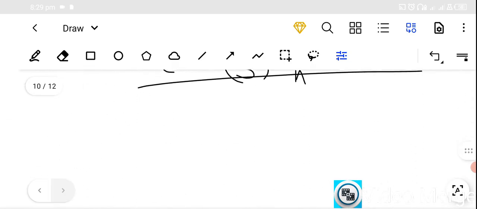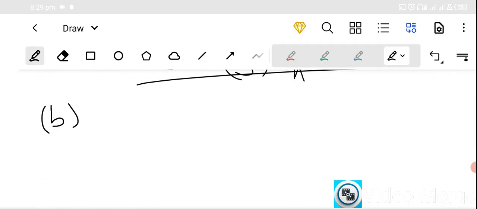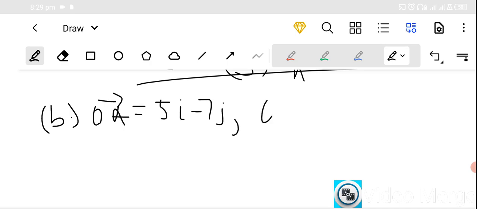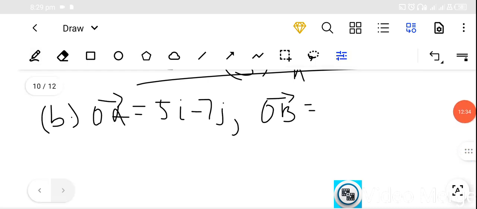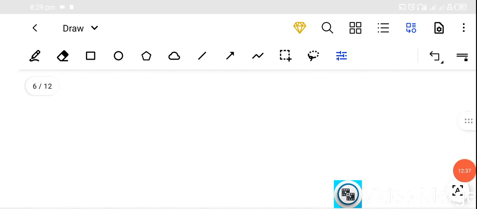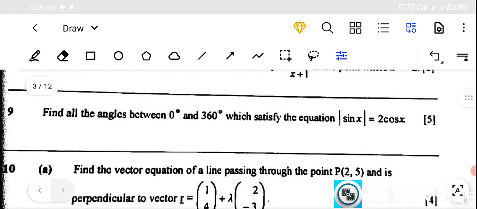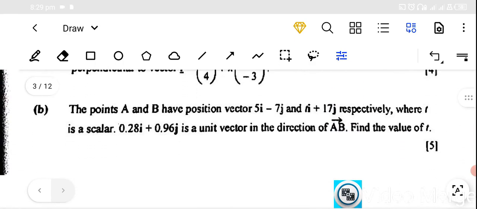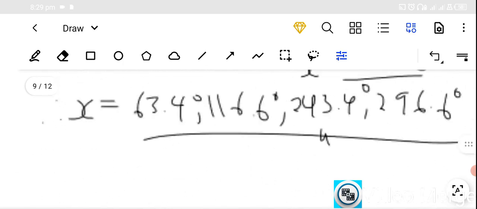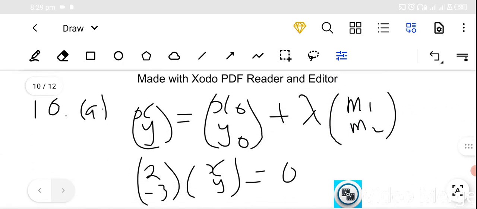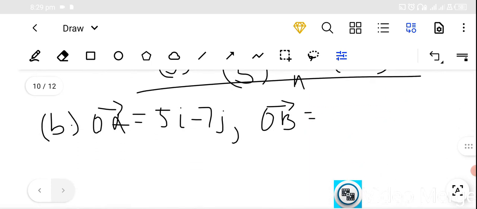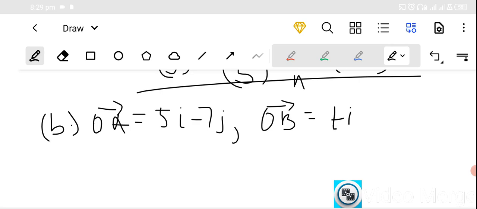So this is B. And then we have OB equal to TI plus 17j.